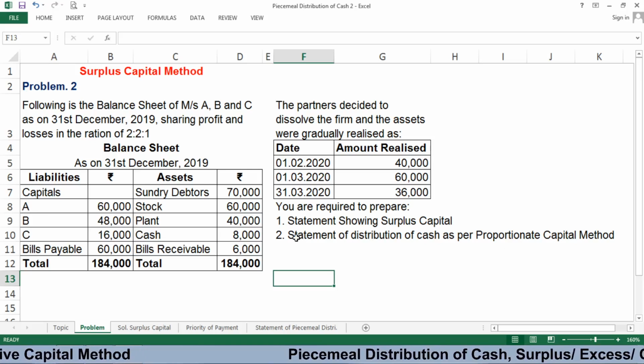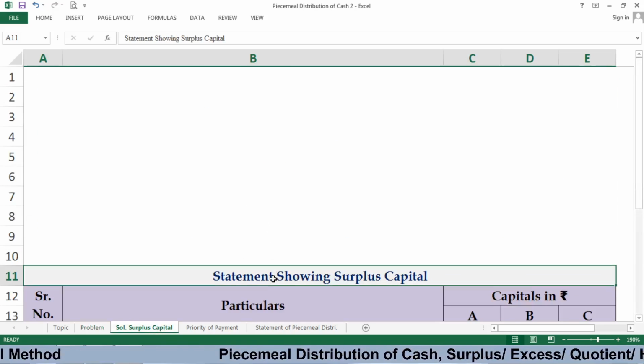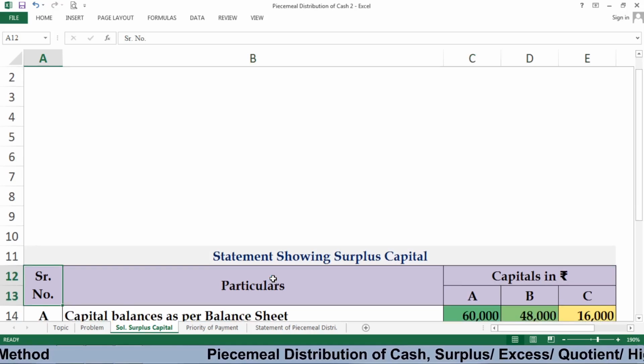So first of all, we have to prepare the surplus capital statement. So what is surplus capital? Surplus means an extra amount which is paid by a particular partner. In the statement showing surplus capital, you have to draw 3 plus 1 5 columns.